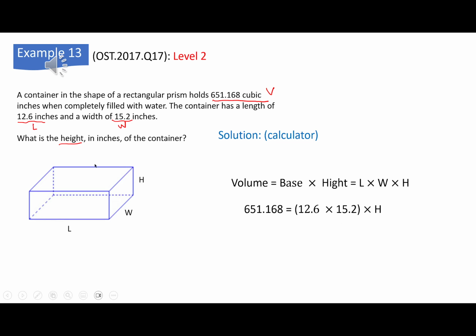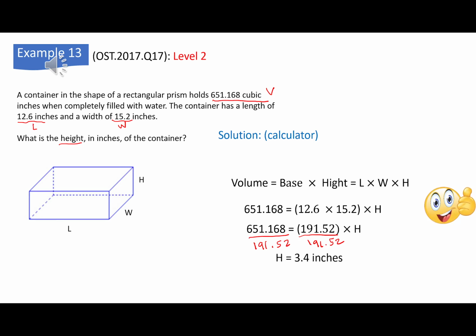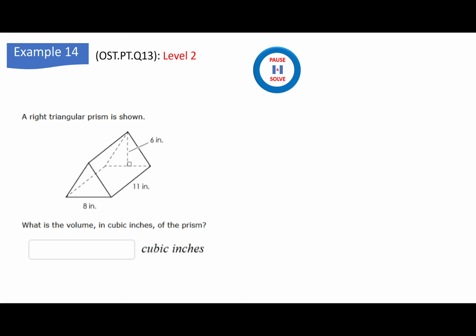Length times width, given to me, times H. I have an equation, and H is the unknown. I need to find H. We divide by 191.52, and you get H to be 3.4 inches. Well, length is in inches, surface area is in square inches, volume is in cubic inches. Remember that, okay?